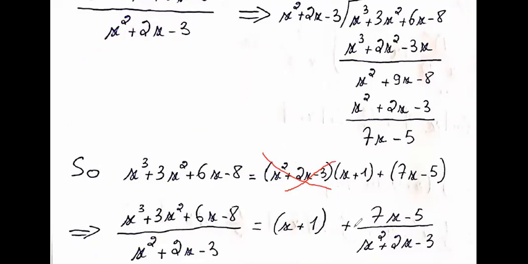And here we will get 7x minus 5 over x squared plus 2x minus 3.